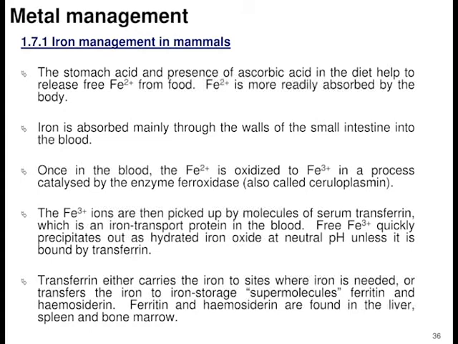The liver is our detoxifying system, so they need iron there. So the key thing is serum transferrin transports iron in the system. Ferritin is the storage form of iron in the system.